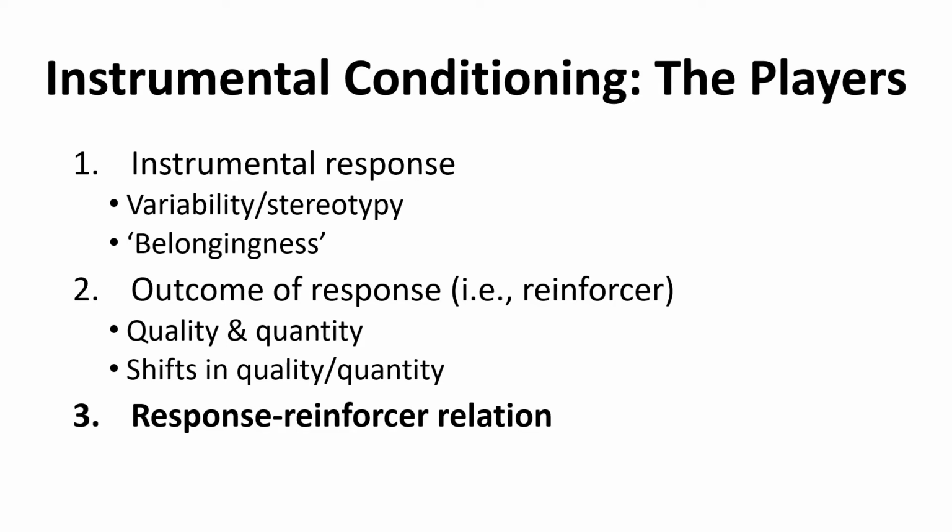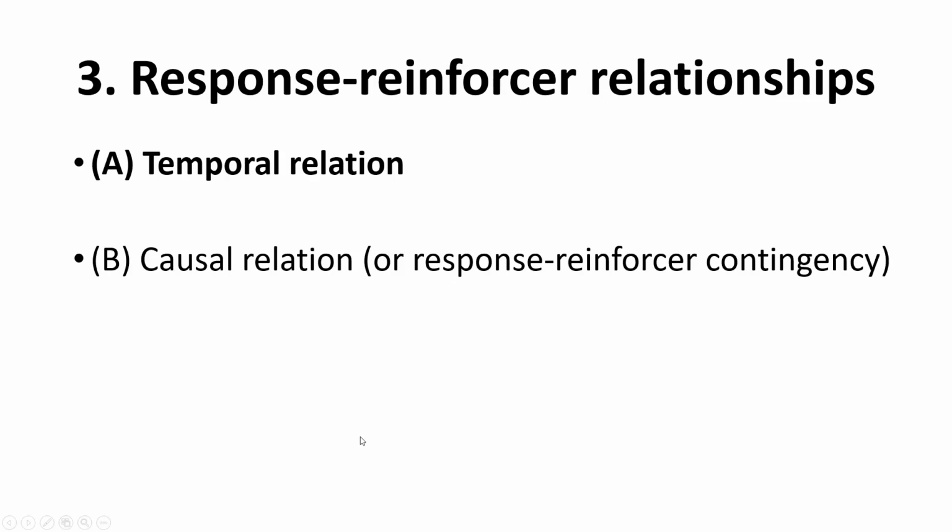And that relationship between when you do the behavior and when you do or don't get that reinforcer can affect how strong that relationship is, and it can affect what we're learning when we're going through this operant conditioning procedure. So what kind of relationships are we going to talk about?